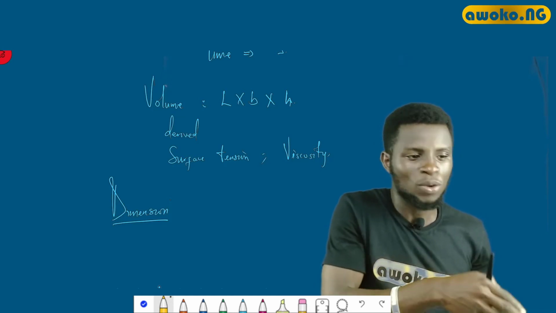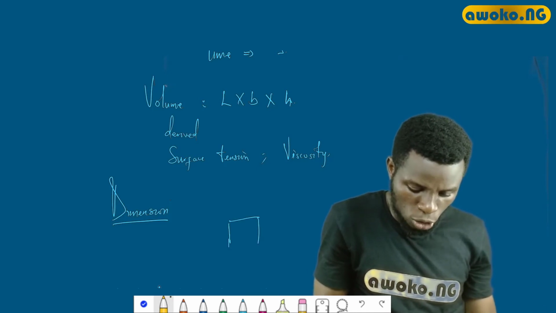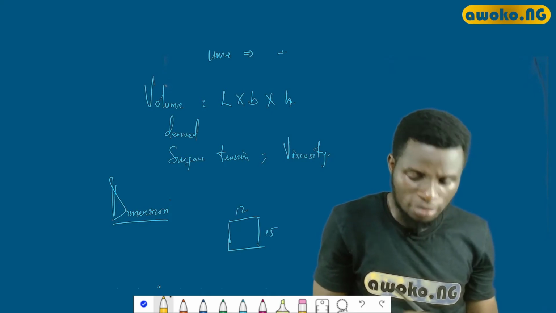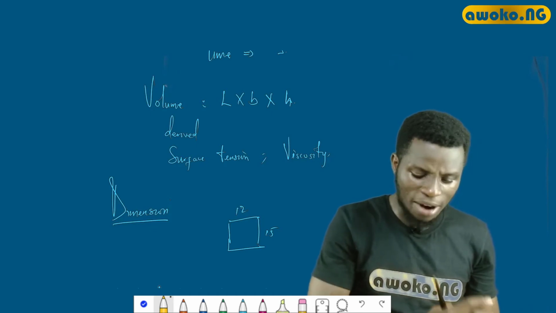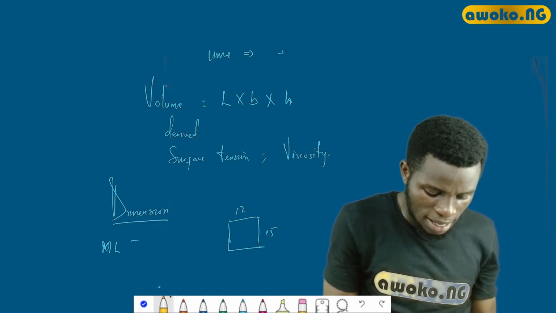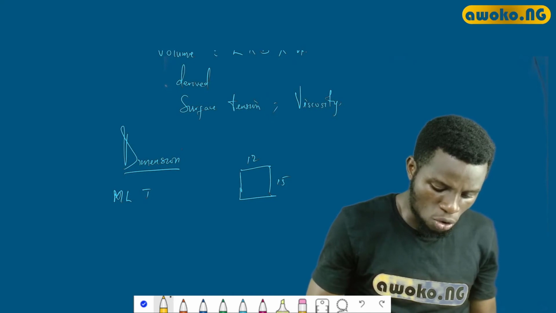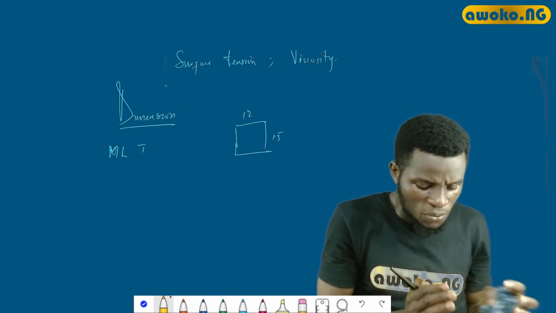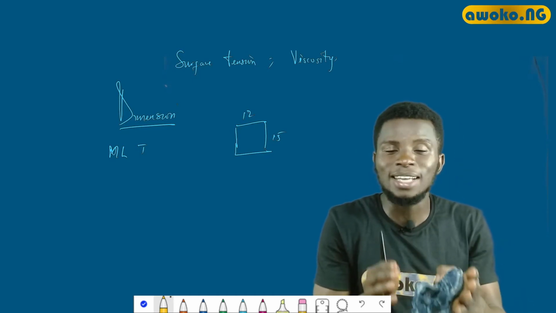It shows the distance from this point to this point. So dimension actually shows how quantities are related to the fundamental quantities mass, length, and time. I'll say it again: dimensions show how other quantities are related to the fundamental quantities of mass, length, and time.